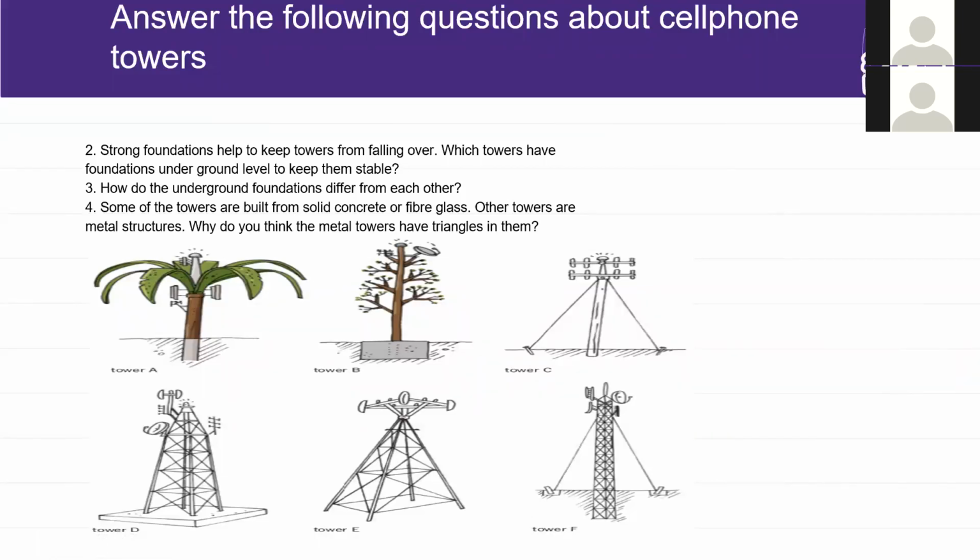Number 2, strong foundations help keep towers from falling over. Which towers have foundations under the ground level? Can you see any foundation under the ground? Give me at least one. Which one has a foundation under the ground level?